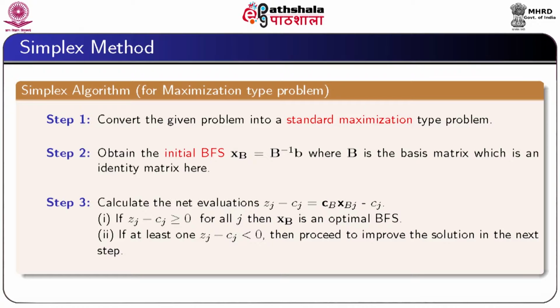If Zj minus Cj is greater than or equal to 0 for all j, then xb is an optimal basic feasible solution. And if at least one Zj minus Cj is less than 0, then we proceed to improve the solution in the next step.